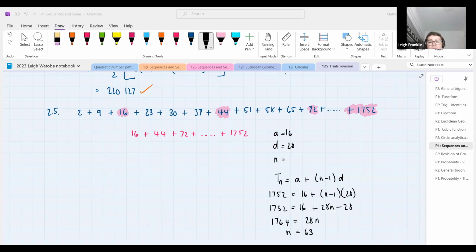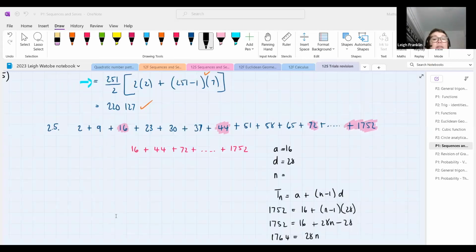So in our new pattern of numbers, the first 3 terms are 16, 44, 72, the last term being 1752. We could then use our Tn formula and calculate how many terms there would be in this pattern of numbers that are all divisible by 4.